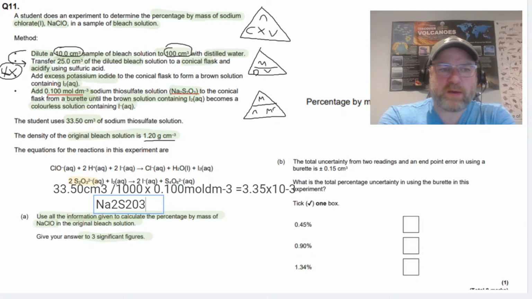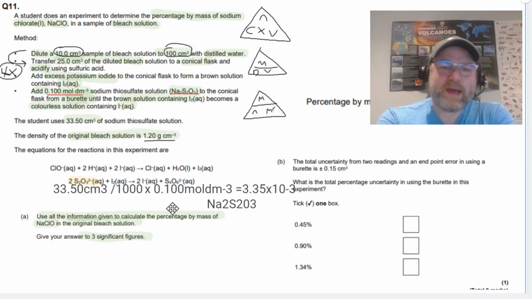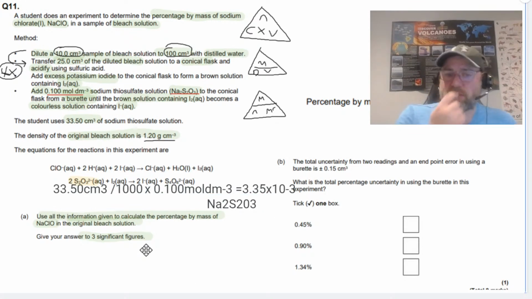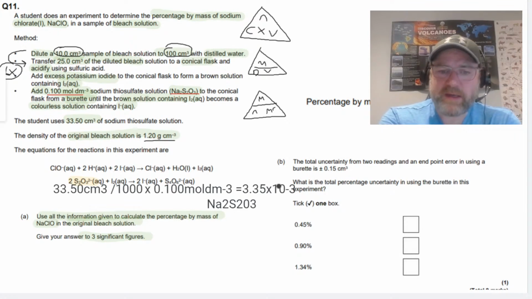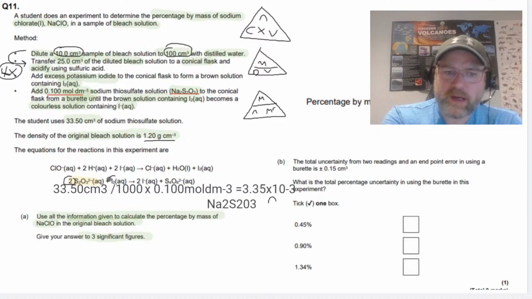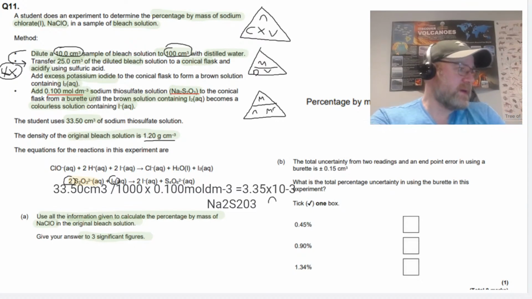Right, so we've worked out our moles of sodium thiosulfate. Now, why does that help us? Normally when you've got moles in one of these titration equations, what we need to do is look at the ratio and see what we can do from there. It says for every 2 moles of sodium thiosulfate, you're going to have 1 mole of iodine formed.